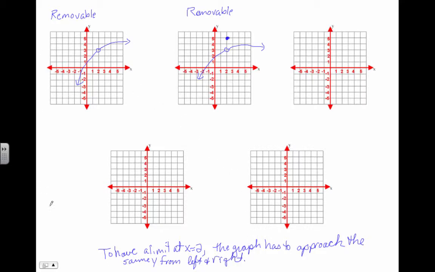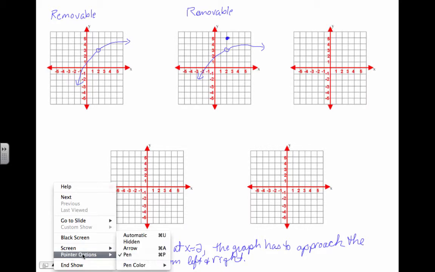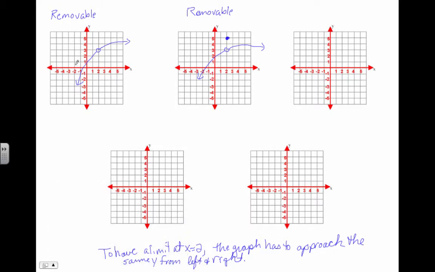So like this graph, comes in from this way to y equals 3. So from the left, L is equal to 3, and from the right, L is equal to 3.